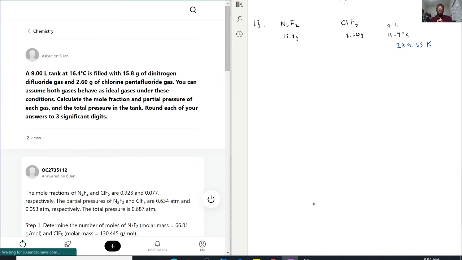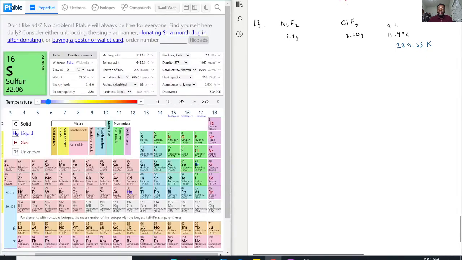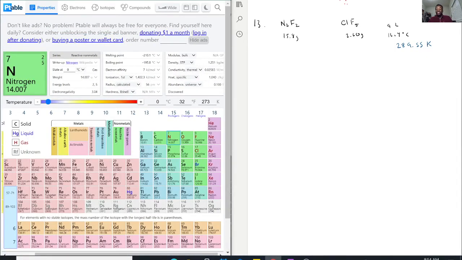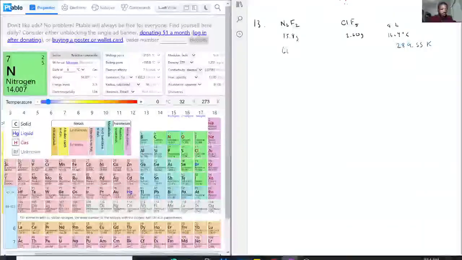First thing we're going to do is solve for the moles of each one. N2F2, we need to go to our periodic table to find its molar mass. Nitrogen, there's 2 of them, and the fluorine, there's 2 of them. So that's 14.007 times 2 plus 18.998 times 2. That's dinitrogen difluoride, 66.01 grams per mole.